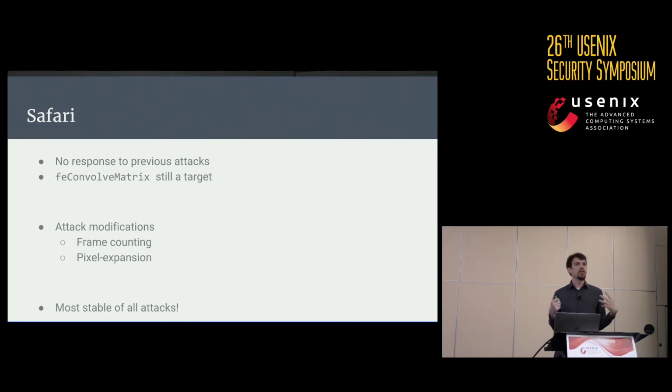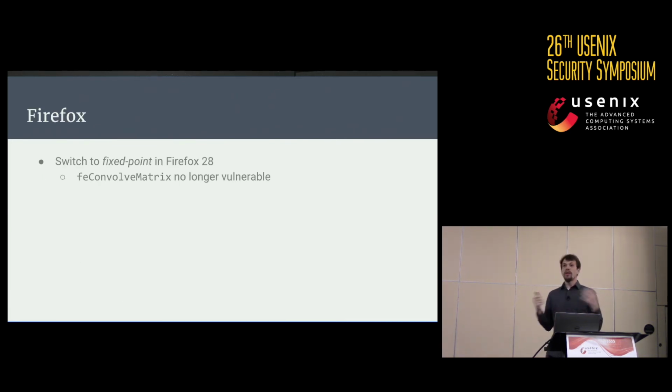And this actually ended up being the most stable of our attacks. I'm not entirely sure what's happening down in the deep depths of Safari's rendering stack, but their frames arrive at extremely dependable times with very little variation, and that makes our attack run gloriously smoothly and very dependably, which was great.